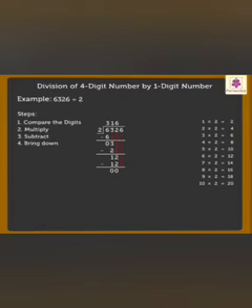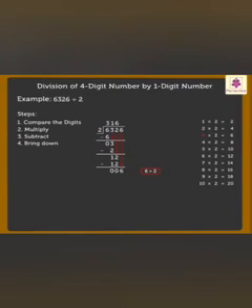Now bring down the next digit, that is 6, and write it beside 0. Here, 6 is greater than 2, and therefore we can divide 6 by 2.